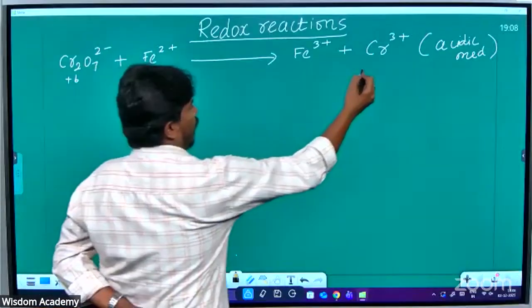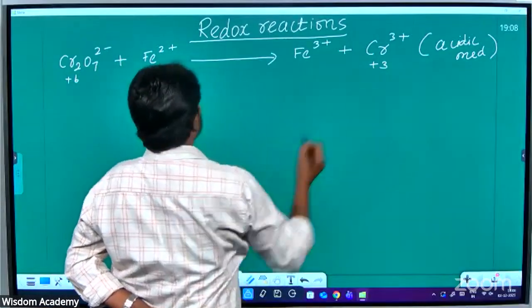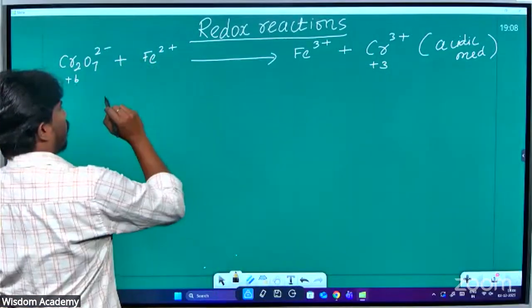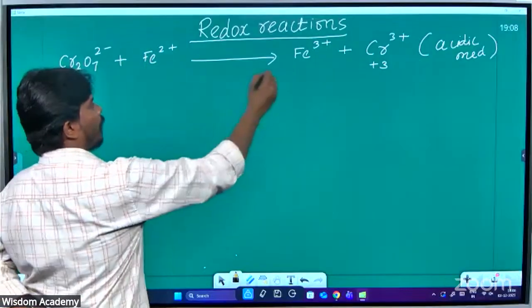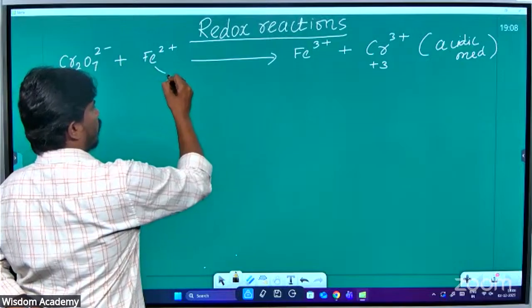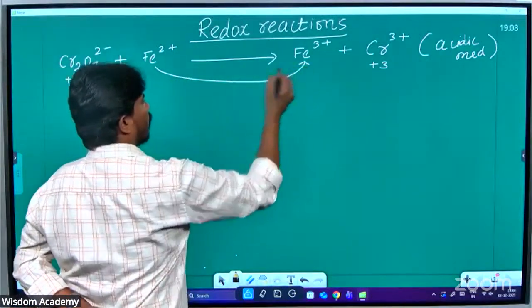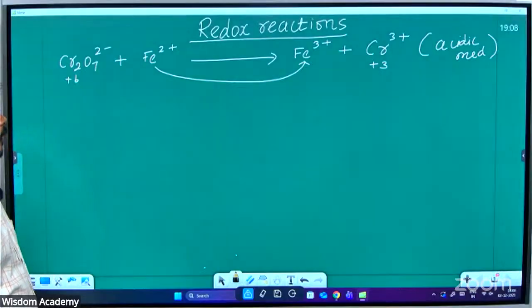Here plus 3. Then iron, it is plus 2, turns to plus 3. Here Fe2 plus to Fe3 plus. This is oxidation. So another one, Cr2O7 2 minus to Cr3 plus, it is reduction.